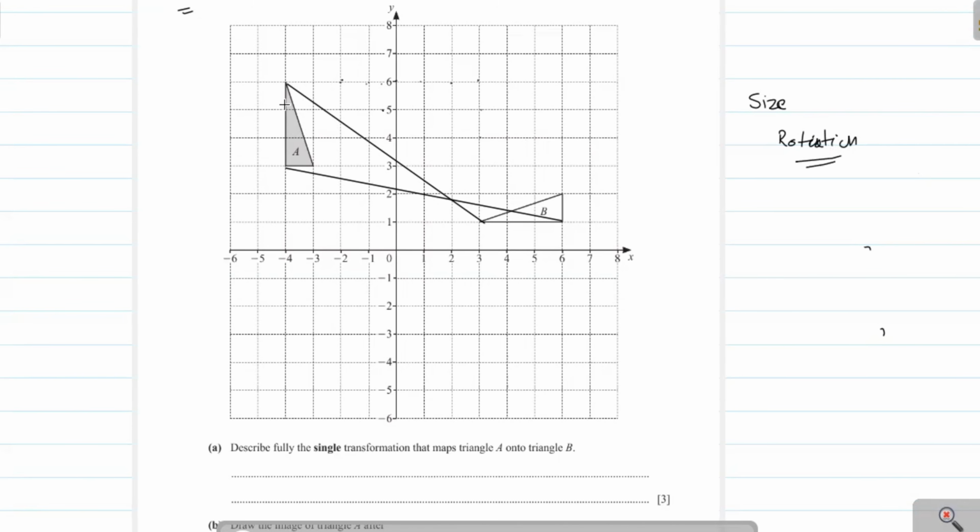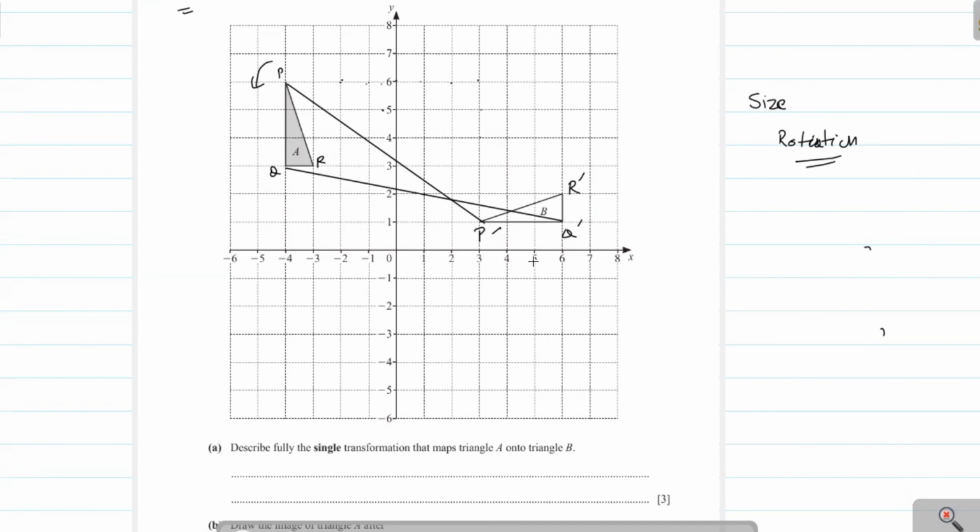To find the center of rotation, you see here, these are the points of A. We name them P, Q, and R. And the image points, if we rotate this figure in the anti-clockwise direction, we take the image points also anti-clockwise: P dash, Q dash, and R dash.